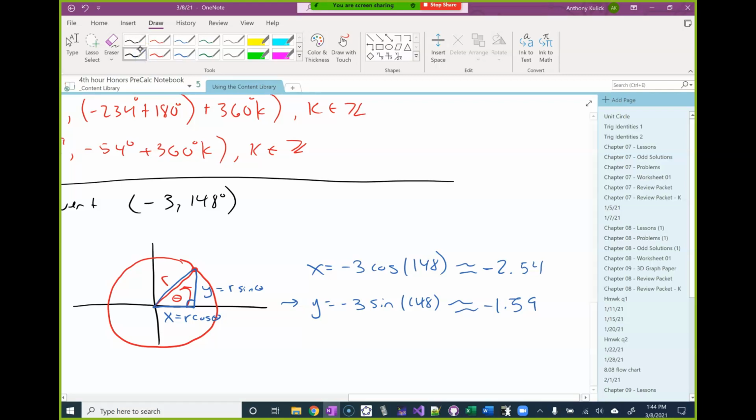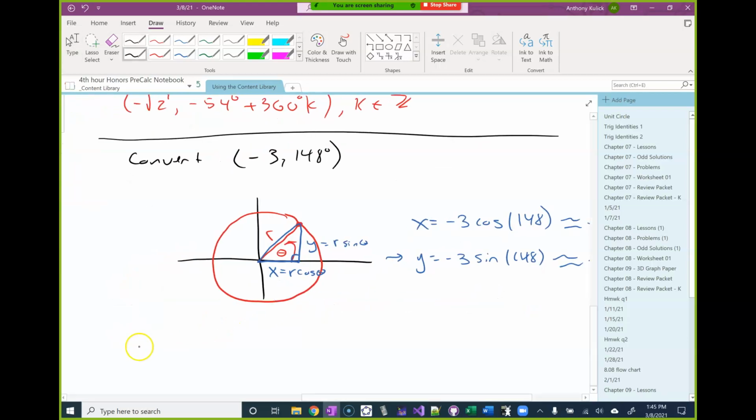Now what's a little bit trickier is to go from rectangular coordinates back to polar, but still not so bad. So let's say we have the rectangular coordinate negative 3, 2.